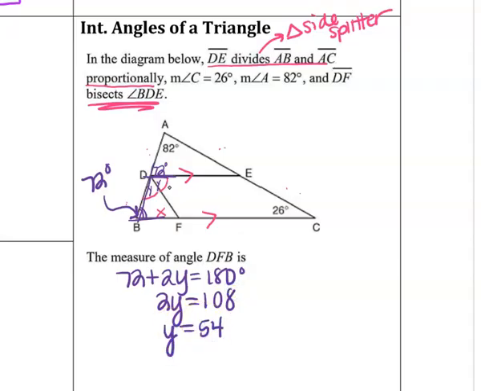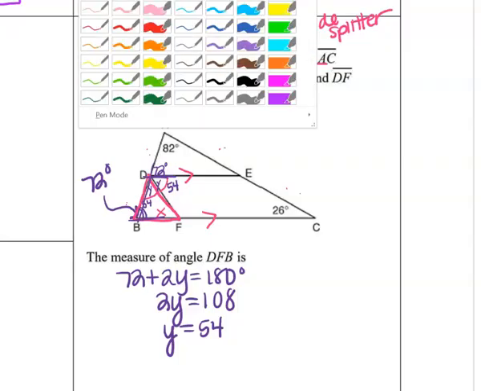All right, so we're almost there. So that means each of these angles is 54 degrees. Now there's two things you could do here. Once you know this is 54 and this is 72, here's another triangle. You could do the sum of the interior angles of a triangle is 180 and you could find that missing angle x. There is a shorter way though.